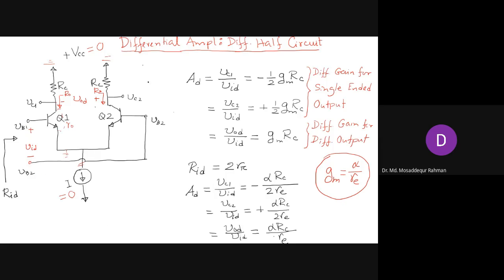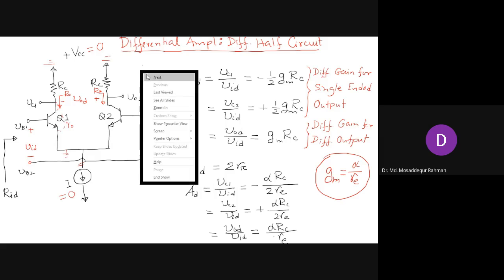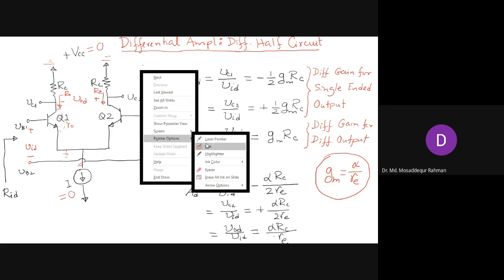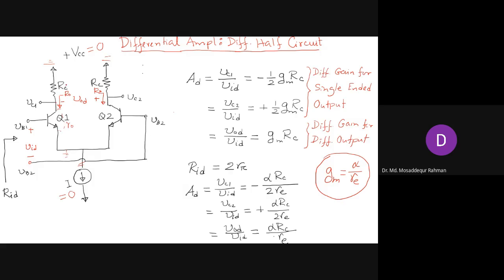So now we slightly modify this circuit. If you include a resistance in the emitter, what are the modifications that we'll get? So now that is the original differential amplifier without emitter resistance.